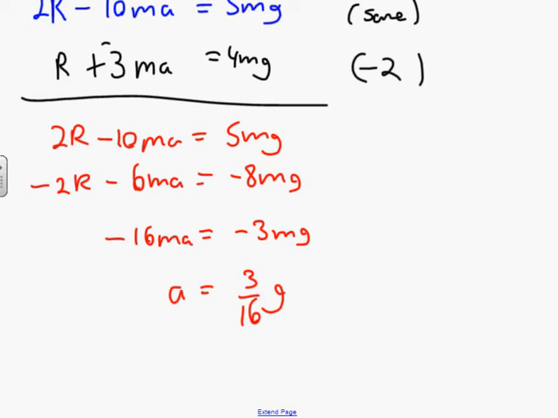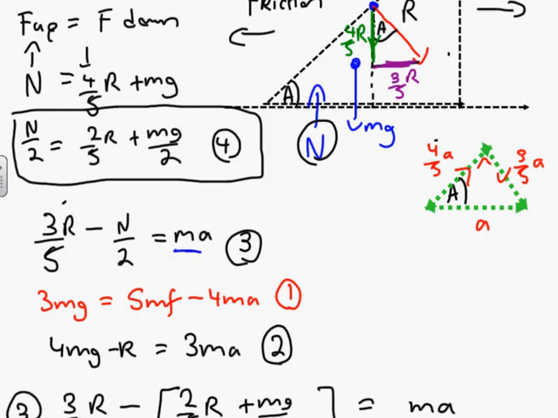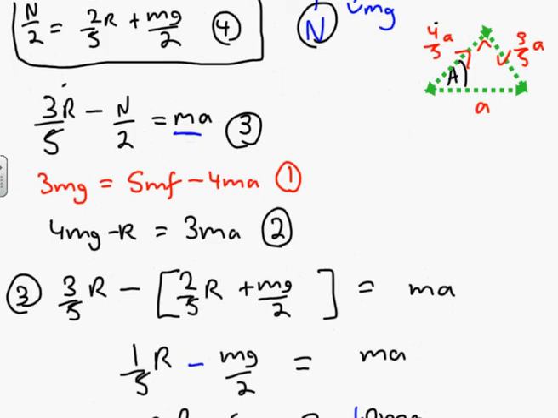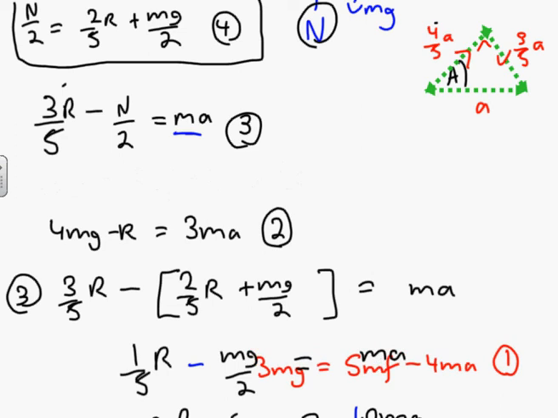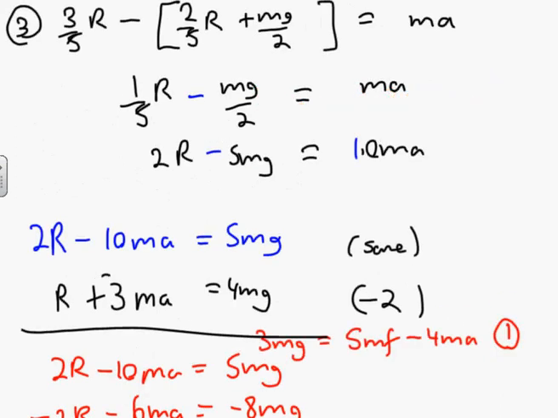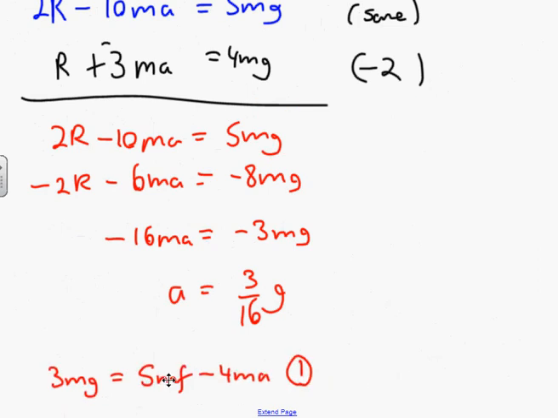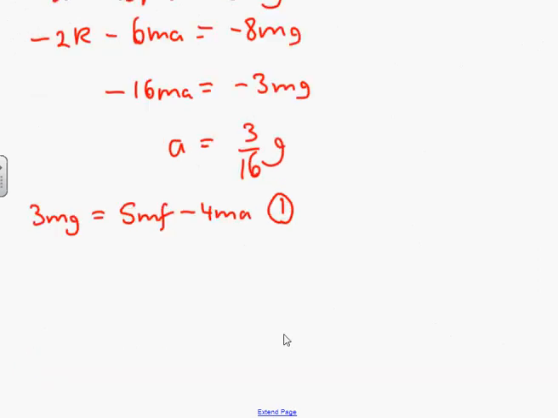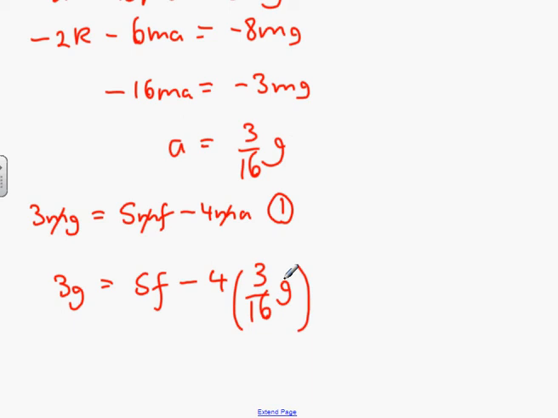Next thing, find f. Which equation has f in it? It's equation 1. You're seeing it here. So all I have to do, bring it down. M's cancel. 3g equals 5f minus 4a. 4a is the same thing as 4 times 3 over 16g. What's that going to make that? 3/4 g, isn't it? 3g equals 5f minus 3/4 g.